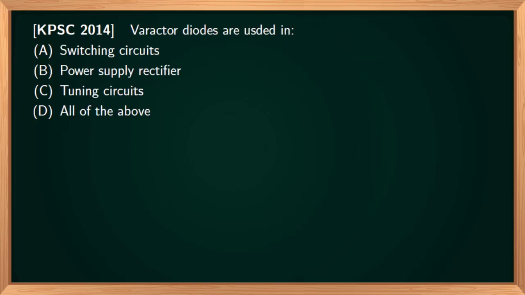Varactor diodes are used in option A, switching circuits, option B, power supply rectifier, option C, tuning circuit, option D, all of the above. A varactor diode is a special type of diode whose junction capacitance Cj depends on bias voltage.